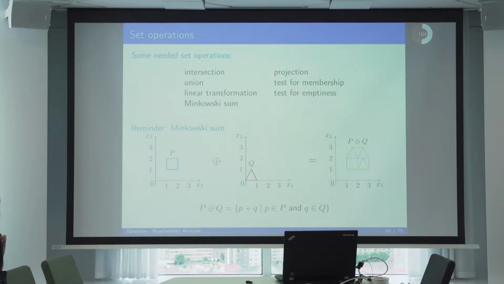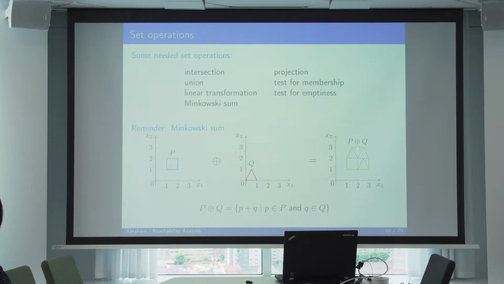Minkowski sum, which, if you are not well acquainted with these operations, is basically the sum of points from two sets. So you take a point here, and if you sum them up, it will be included in the result. We call this operation also bloating, because if you have this set and add this one, you will add this triangle, because its corner is now at the 0.